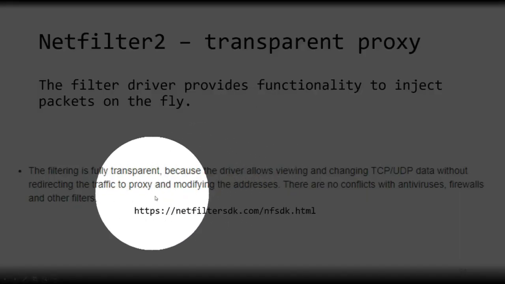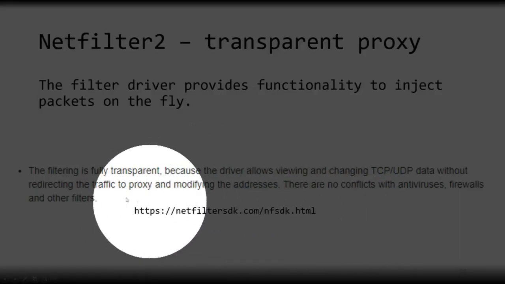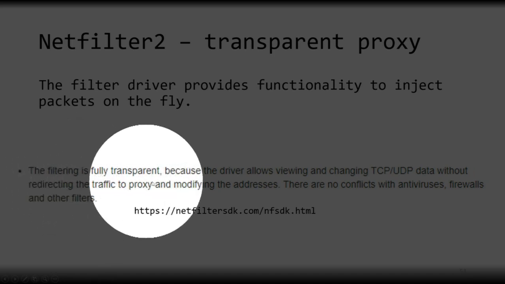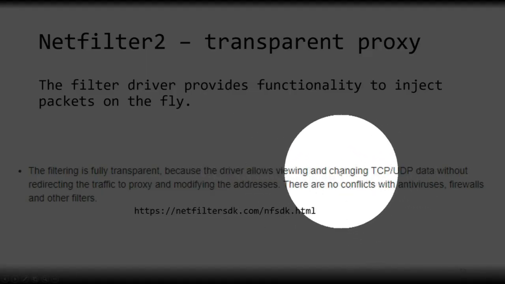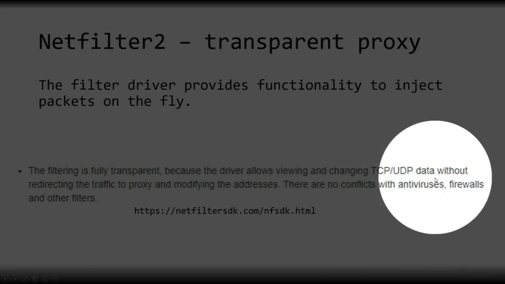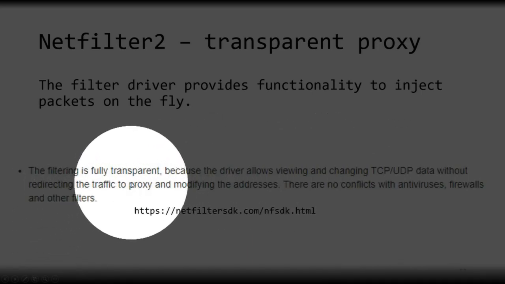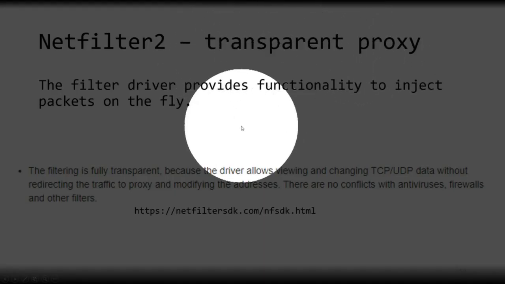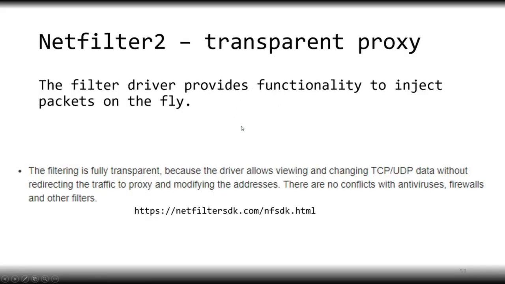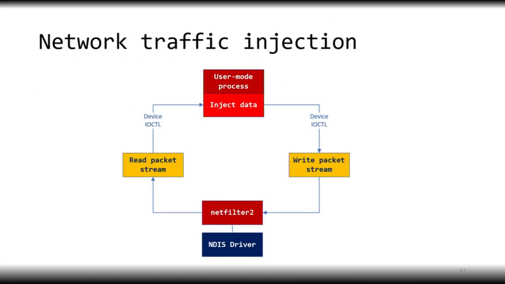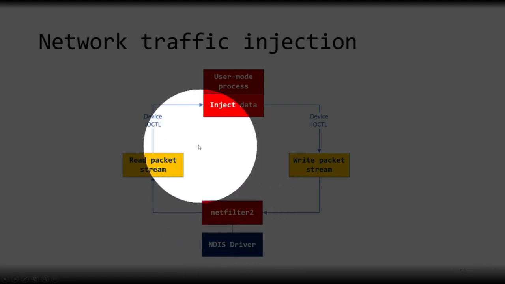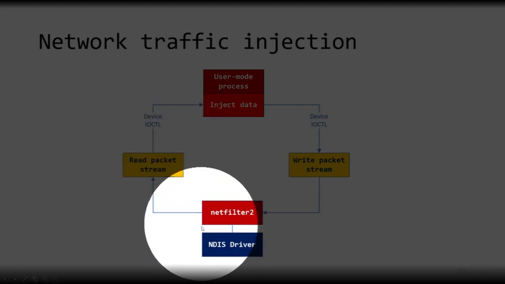Based upon their homepage information, the filtering is fully transparent, and you can change the TCP and UDP packets on the fly without redirecting the traffic. So I think this is more of a transparent proxy. What they're doing is that you can't put all this logic into the driver, it's too much.